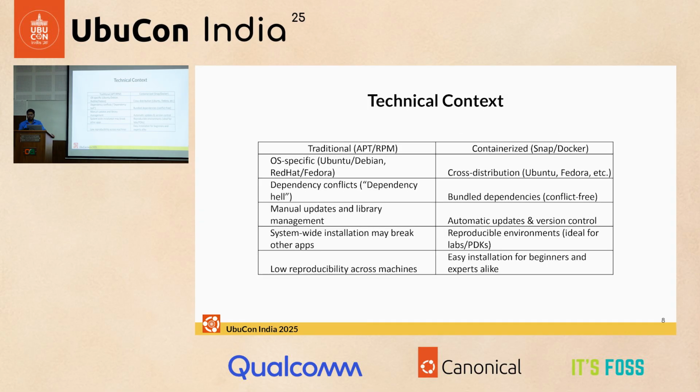Technical conflicts are basically OS specific on one side, and on the other side cross-distribution, like Ubuntu, Fedora, and so many things. Manual updates are something we could be doing as of now, but we now support Docker and Snap.